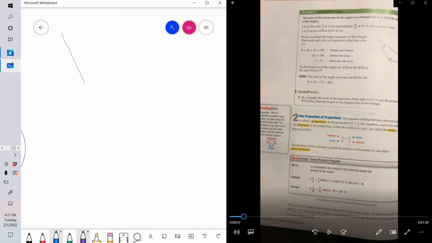So we have this triangle, and there are three angles. Let's just call them angle A, angle B, and angle C. Looking at this problem, the ratio is 3 to 4 to 5. In other words, let's just back up and think about what that means for a moment. Suppose I have a triangle.